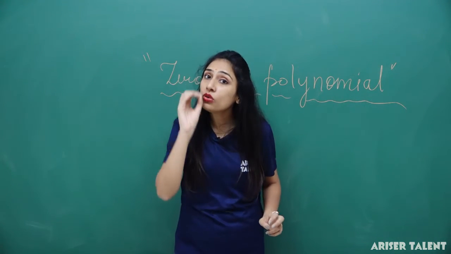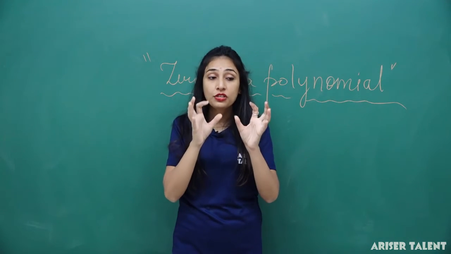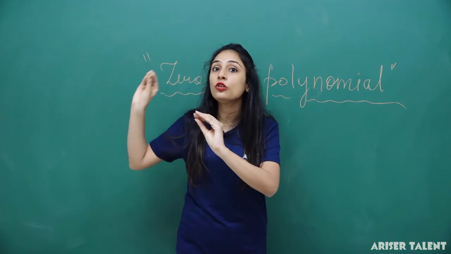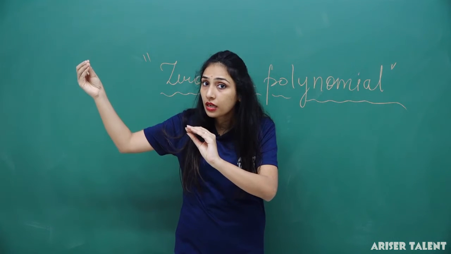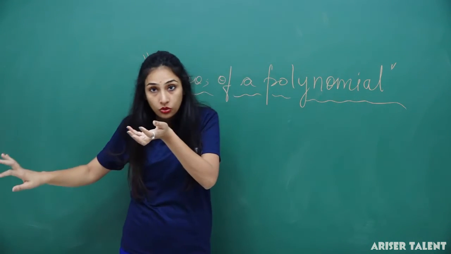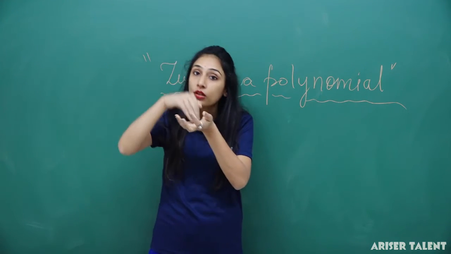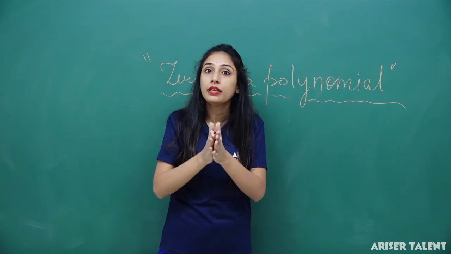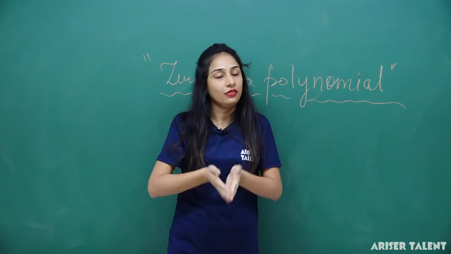Now, at particular value of x, the expression x square plus x plus 1 becomes 0. That means when you put a particular value, let us suppose a equals to x, then the value of x square plus x plus 1 becomes 0. Then this value a will be the 0 of the polynomial. Understood? If yes, well and good.